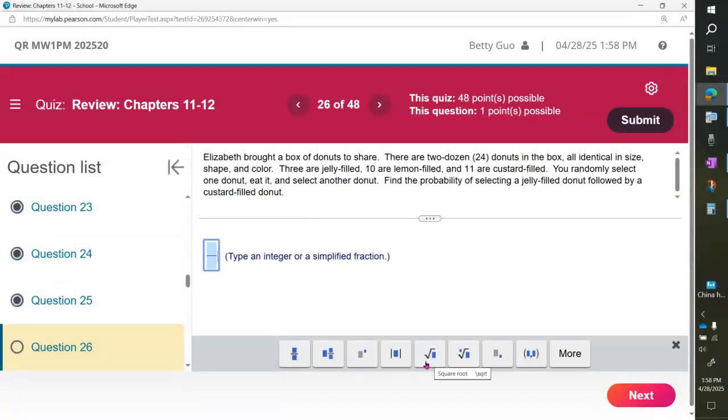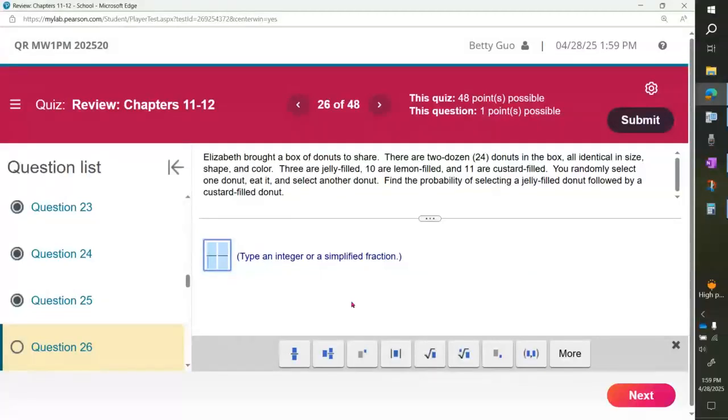That's the first fraction, times the second fraction. The first fraction, so think about the fundamental counting principle, this is a 2-step task. First step, we need to select a jelly-filled donut.